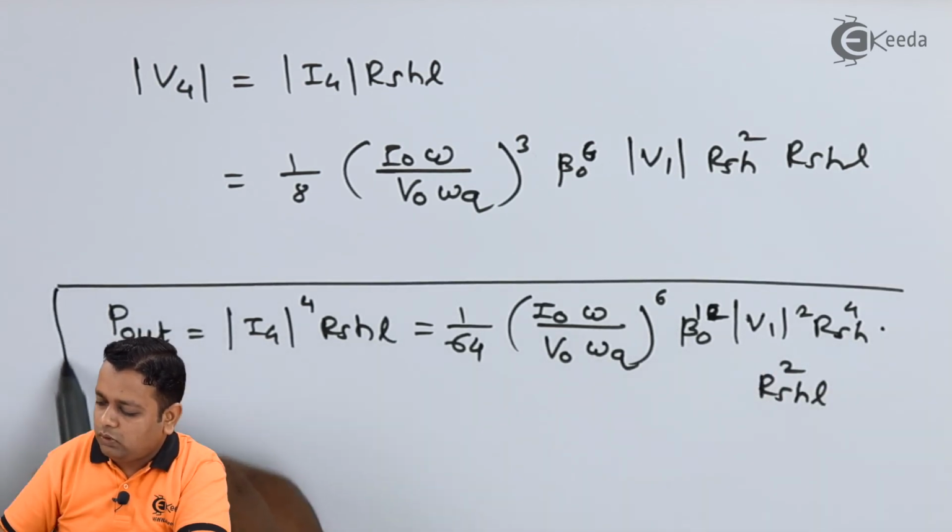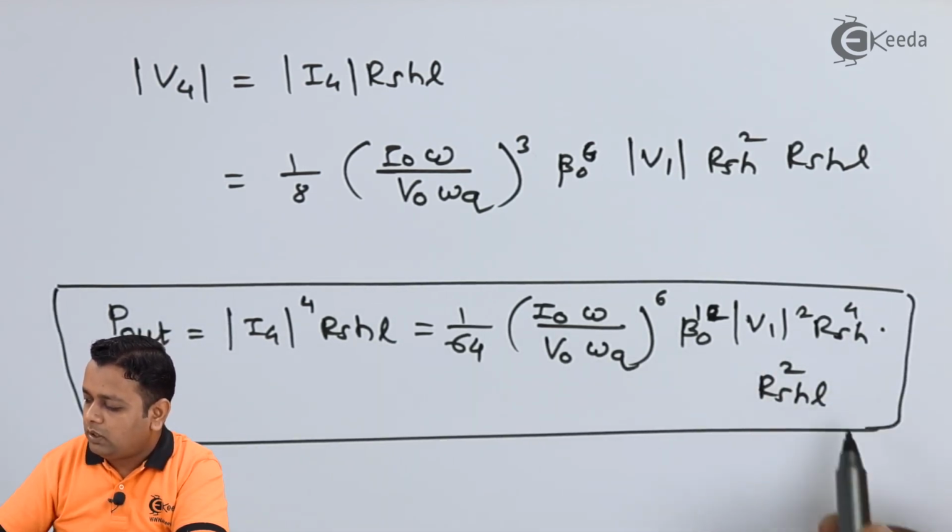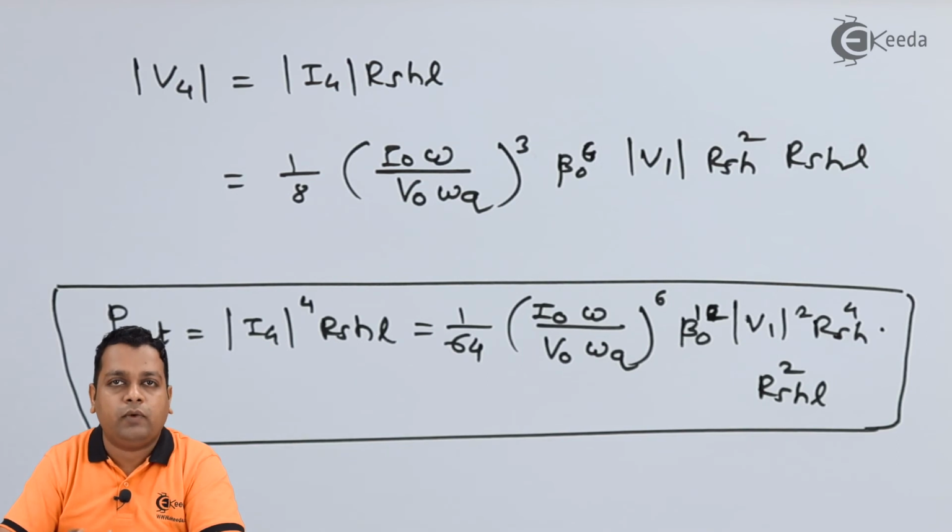So I outline this formula. This formula will be applicable when we compute the values of output power for the four cavity klystron in the next lecture. So in the next lecture we shall be solving problem number 3 based on the multi-cavity klystron.